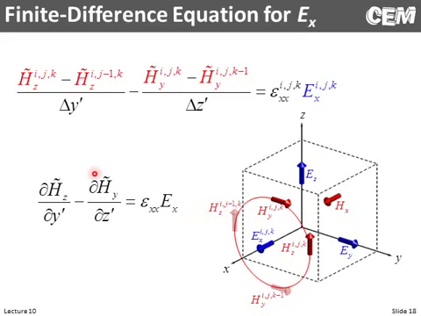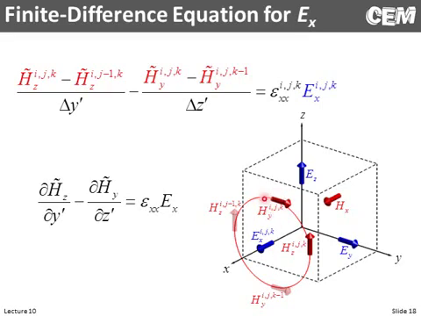Next derivative, we're taking the derivative of h sub y in the z direction. So let's come over where we're going to be calculating our finite difference. If we look at the magnetic field spanning that, again, we're going to reach to the previous cell, this time the previous cell in the z direction.